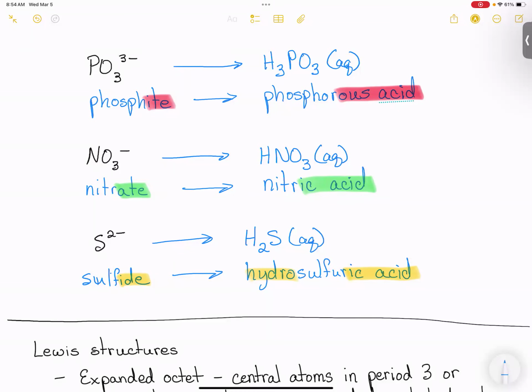This finishes up naming. So you have ionic compounds. With the ionic compounds, you have metals whose charge is constant and metals whose charge varies. When you have a metal whose charge varies, you're going to need Roman numerals.